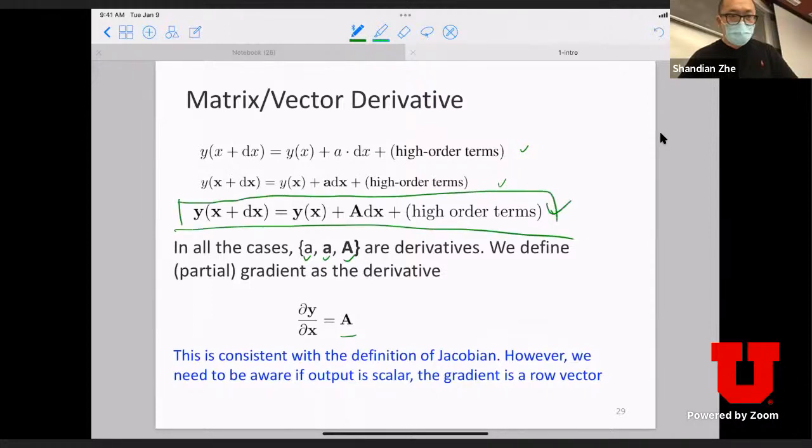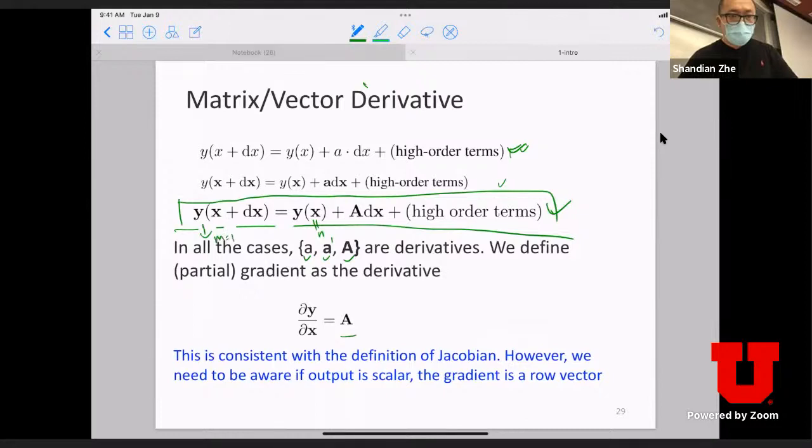If you want to look at the scalar input and scalar output case, you just have your y dimension 1 and your x dimension 1, so you go back to this. If you have a vector input but a scalar output, just make your output dimension 1.